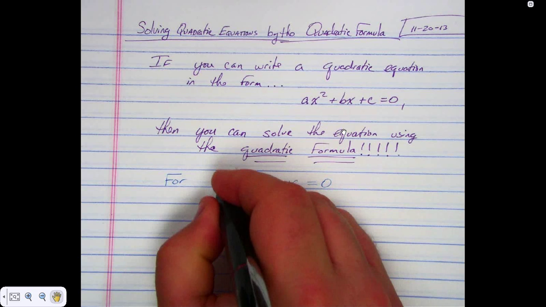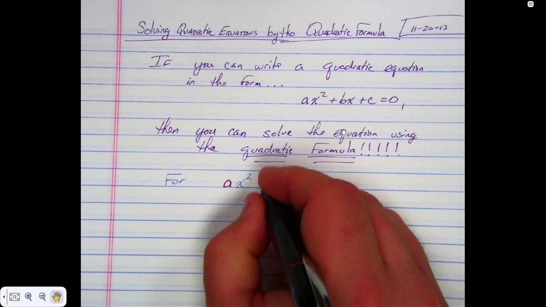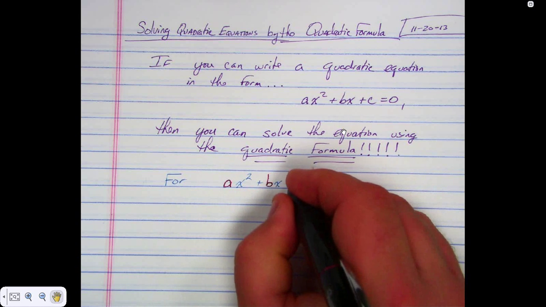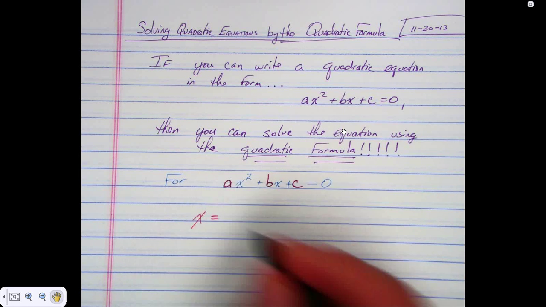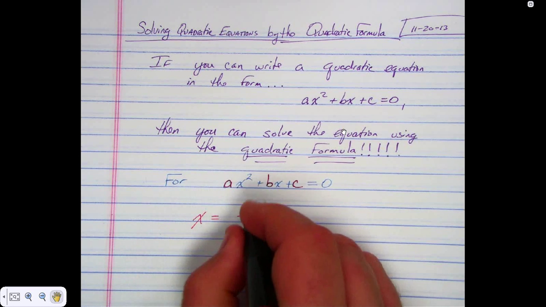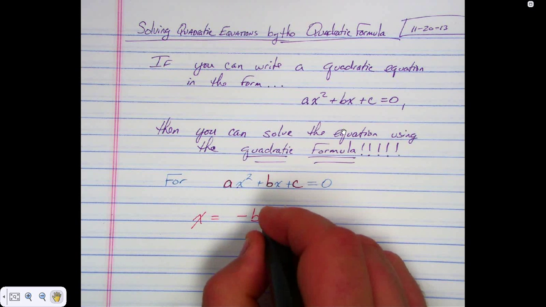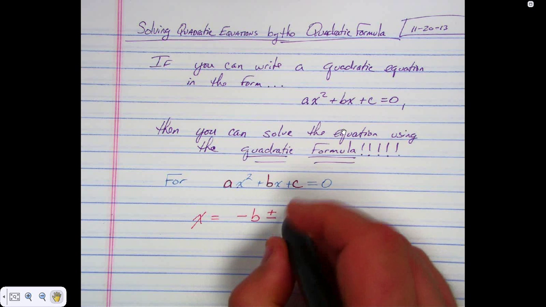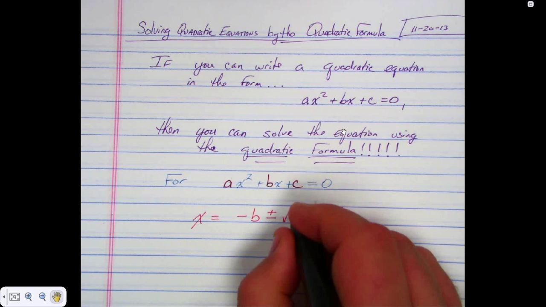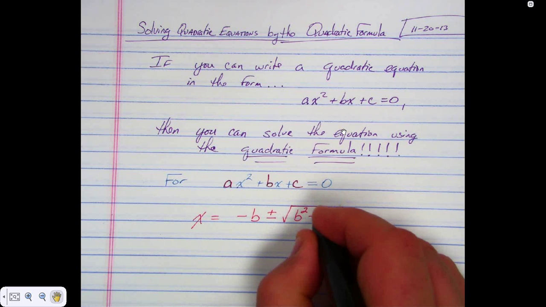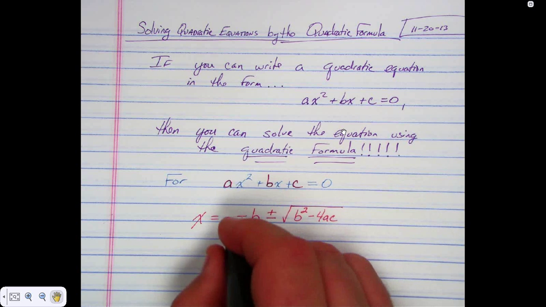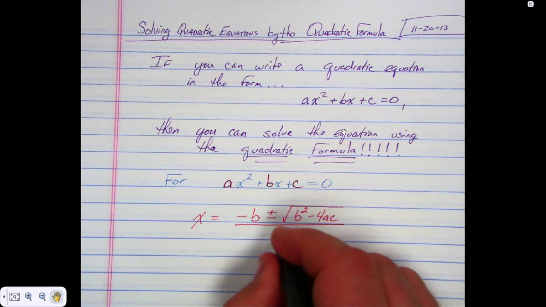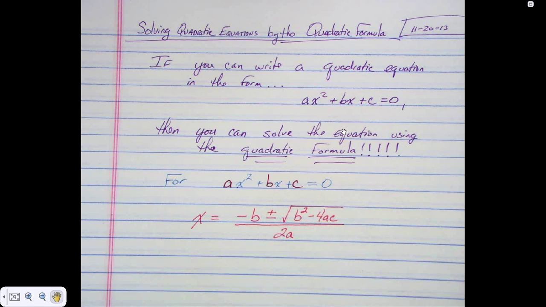Very important: this is a, this is b, and this is c. x will always equal negative b plus or minus the square root of b squared minus 4ac, which means 4 times a times c, all of that over 2 times whatever a is.